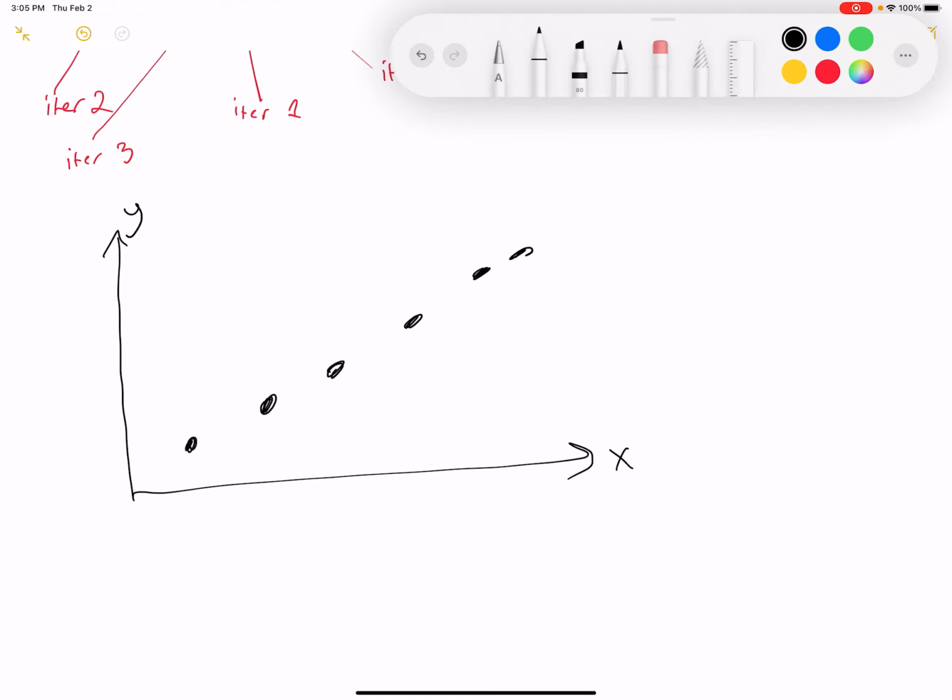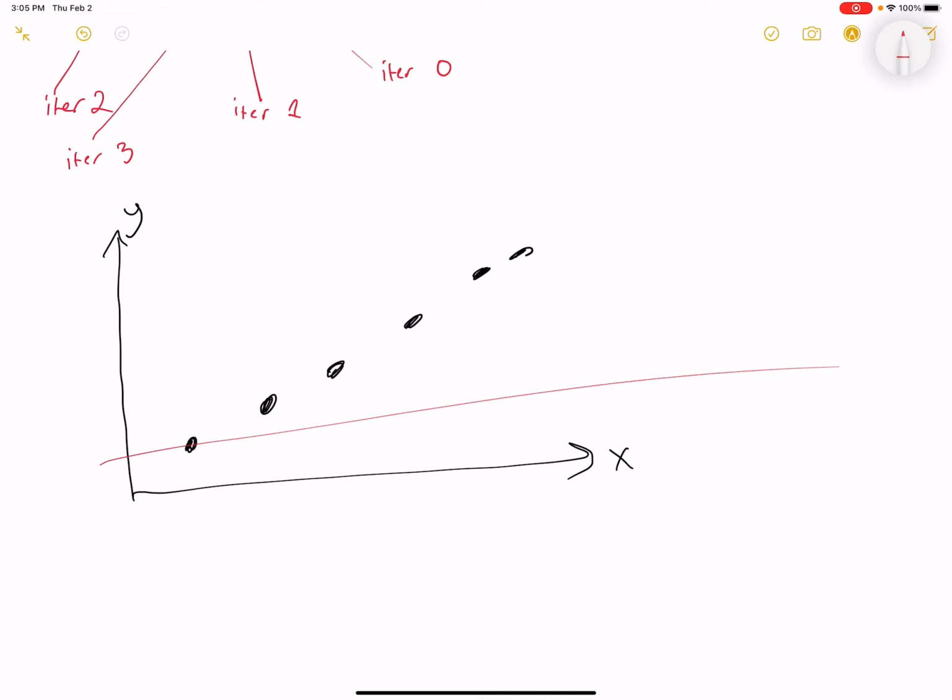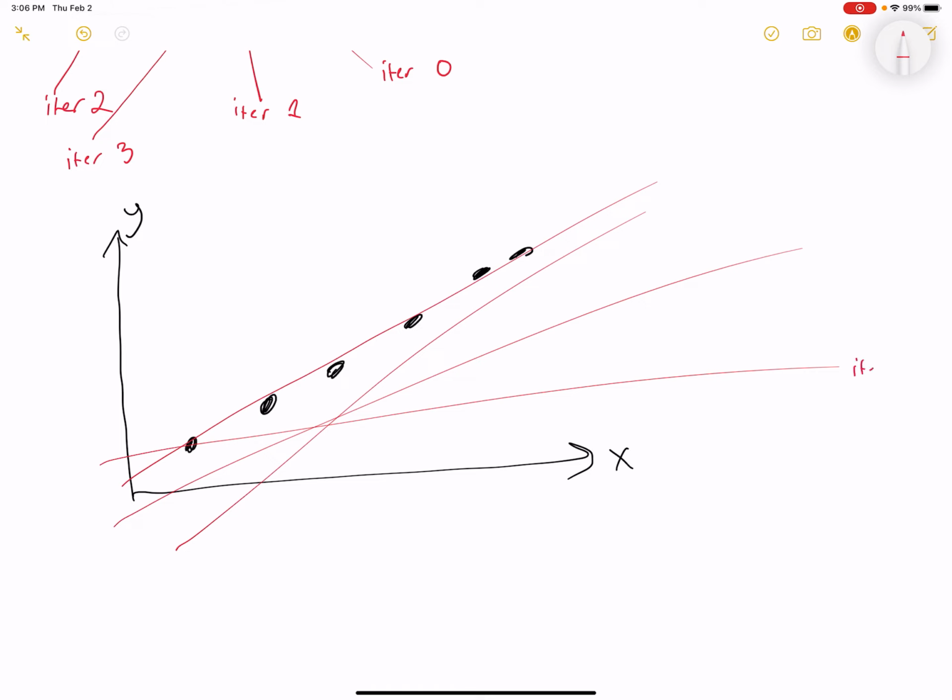So we might start like that, and then we slowly update it, and then finally it's good eventually. So iteration 0, iteration 1. This is not really a line that I drew, but it is. Iteration 2, then iteration 3, stop. We finally found a line of best fit.